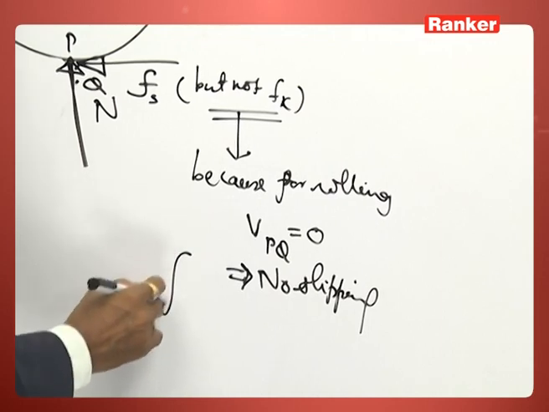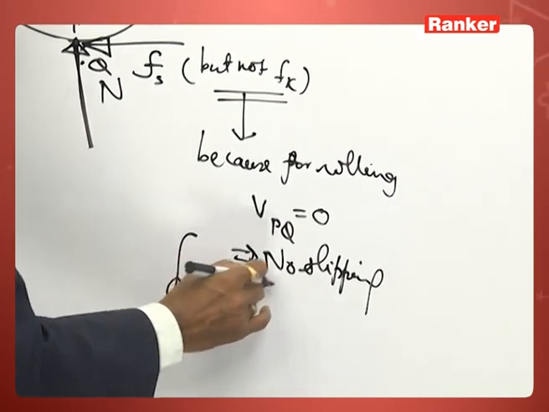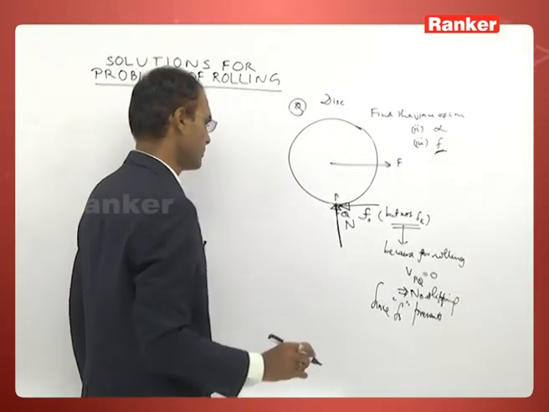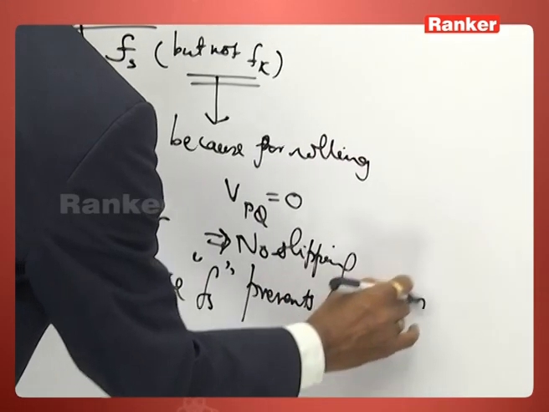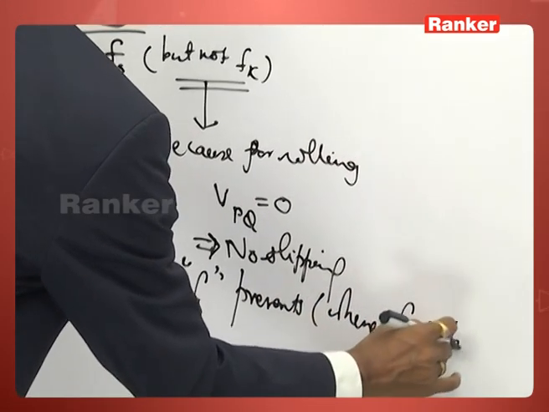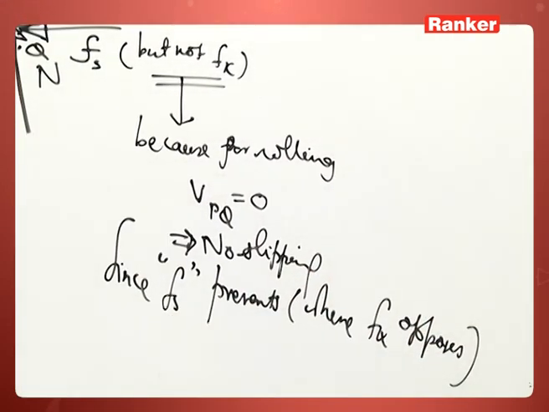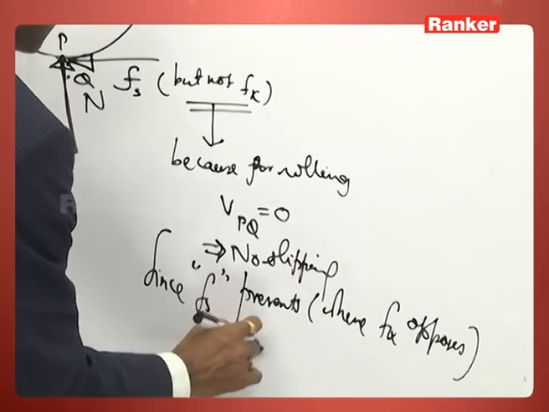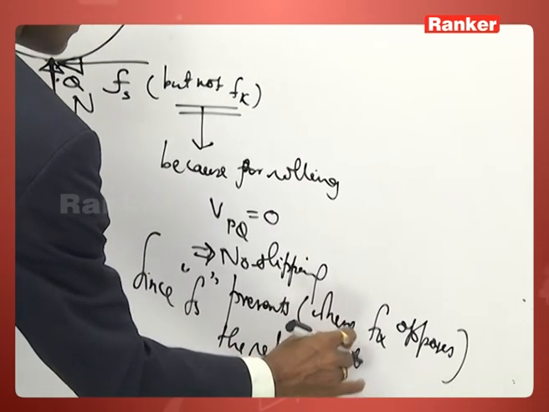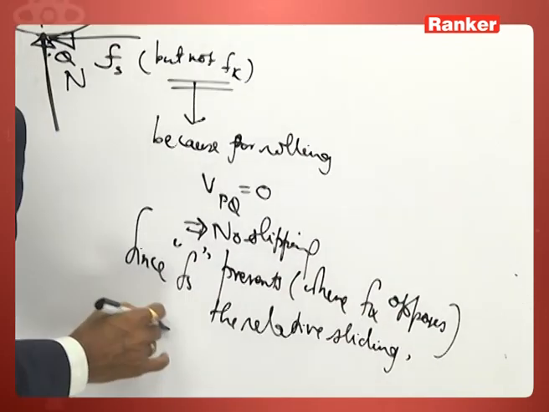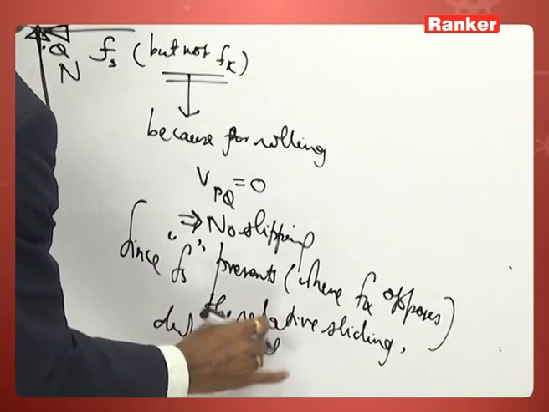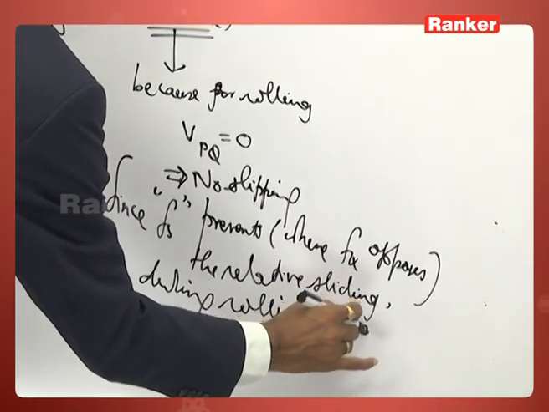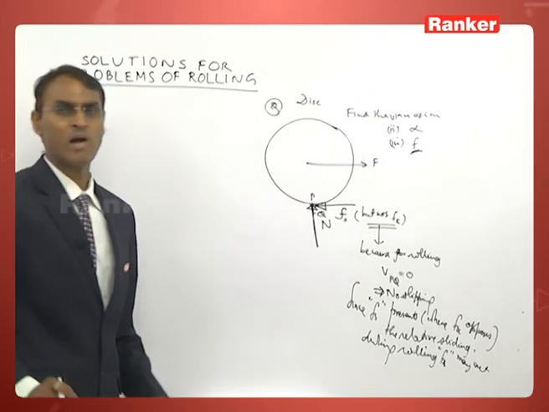Since static friction prevents, whereas kinetic friction opposes, there is a difference. The kinetic force of friction cannot prevent, it may oppose the relative sliding, but the static force of friction prevents the relative sliding. During rolling, Fs may act, but not Fk.